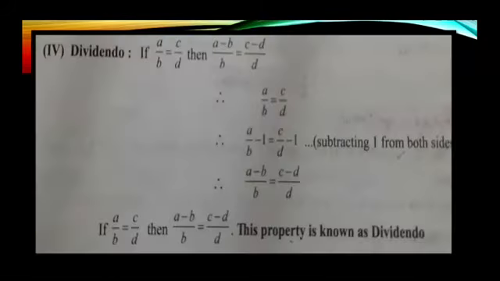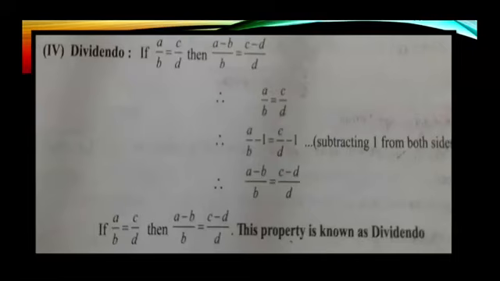If A upon B is equal to C upon D, then A minus B upon B is equal to C minus D upon D. Therefore, A upon B is equal to C upon D. Subtracting 1 from both the sides, we get A upon B minus 1 is equal to C upon D minus 1.